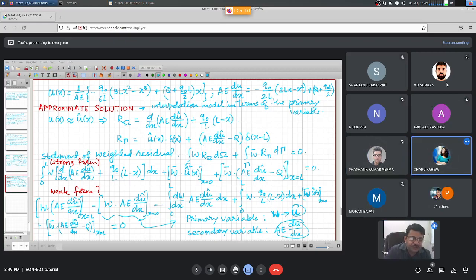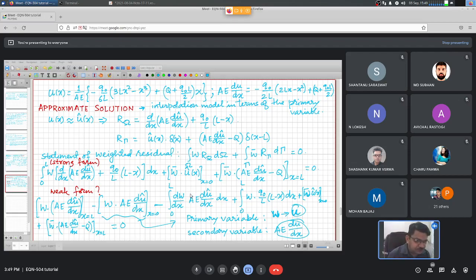So the only thing that I need here is the primary variable u, that interpolation model in terms of the primary variable, it should be such that this derivative should exist. Du by dx should not vanish, so that this integral contributes to the approximation.